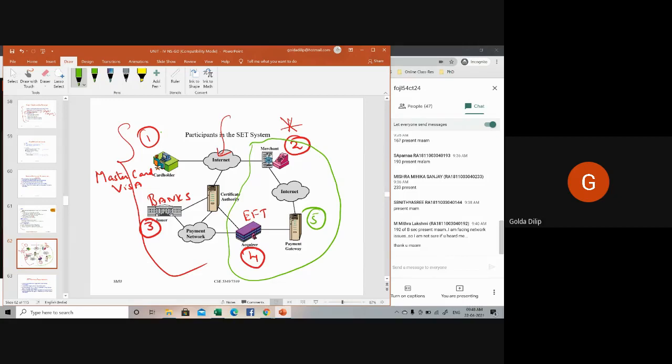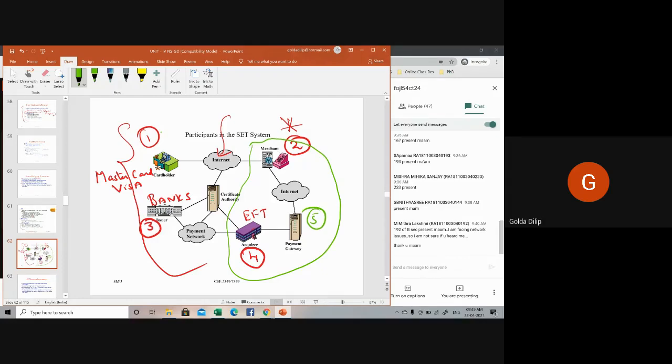The merchant will be exchanging the secure electronic transaction messages through the payment gateway across the internet. In response, the payment gateway connects to the acquirer's system by using dedicated network lines or whatever network.